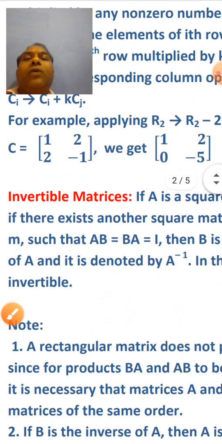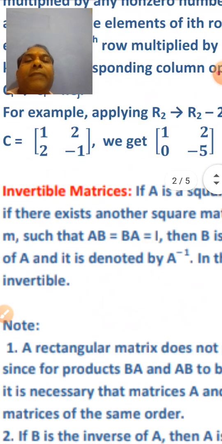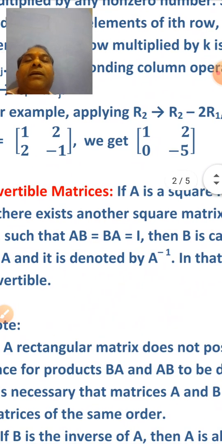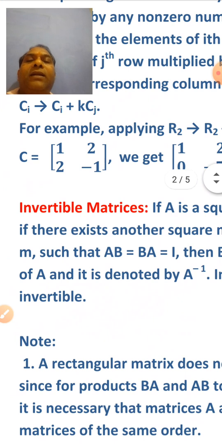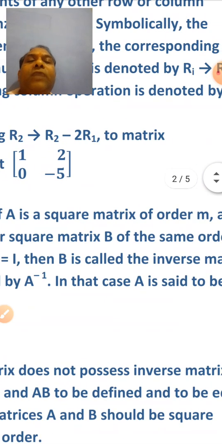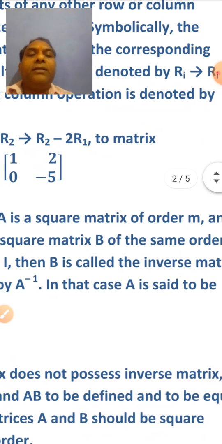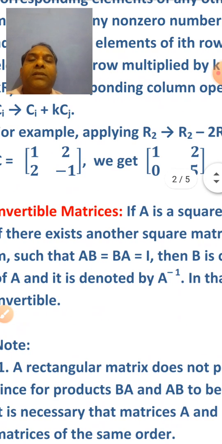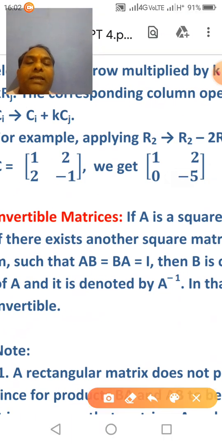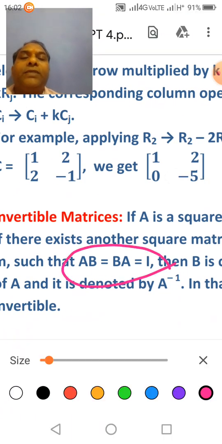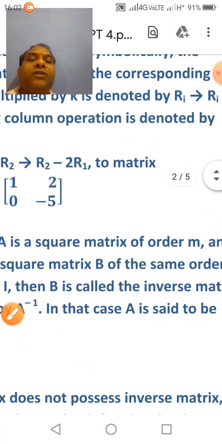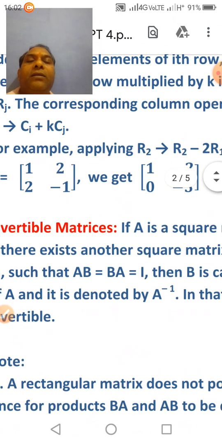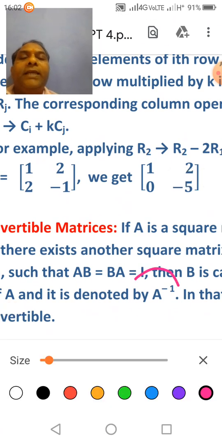So now, invertible matrix. If A is a square matrix of order m and if there exists another square matrix B of the same order such that AB equal to BA equal to I, means identity matrix, then B is called the inverse of A and denoted by A inverse.